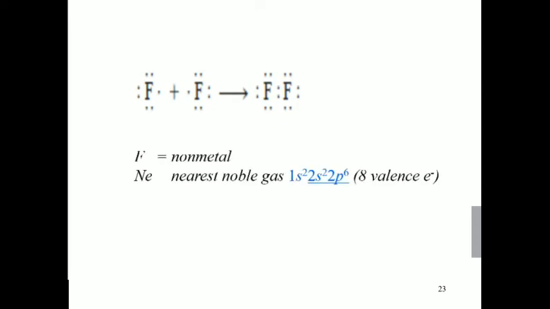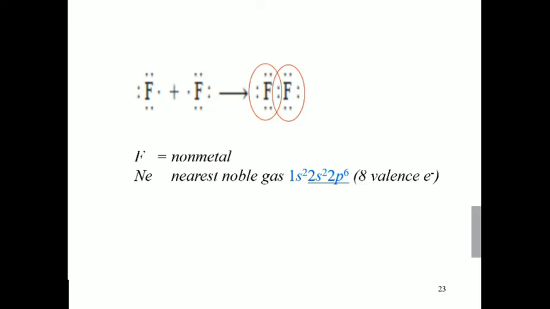So when these two share electrons, both will have the same configuration as that of the nearest noble gas from them, which is neon. Now counting the octet, we have 2, 4, 6, 8 for fluorine.